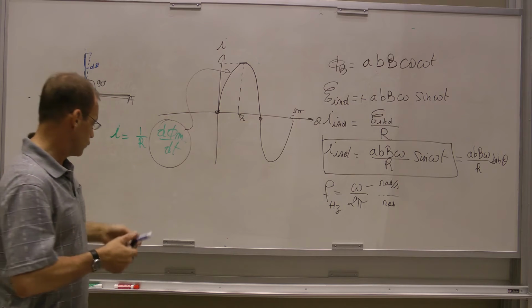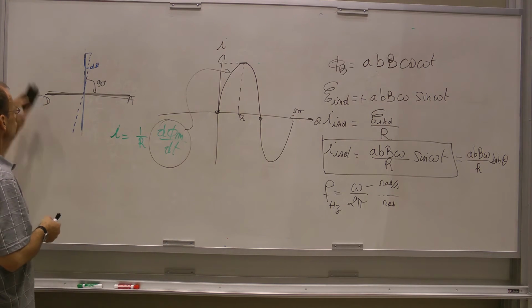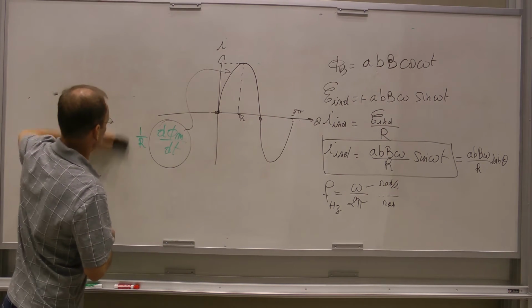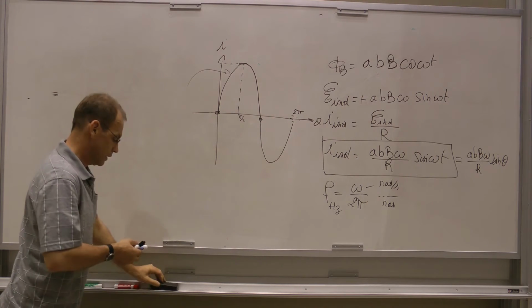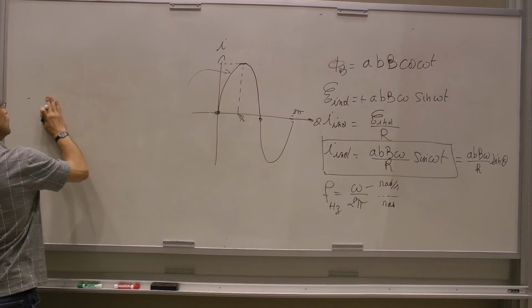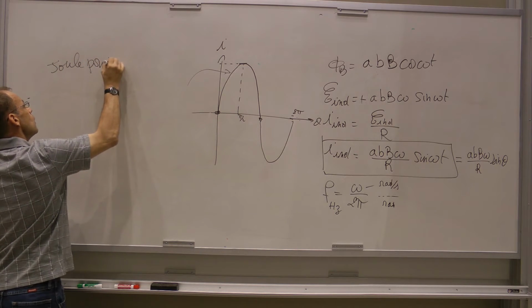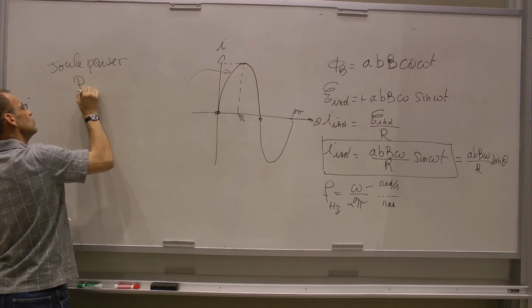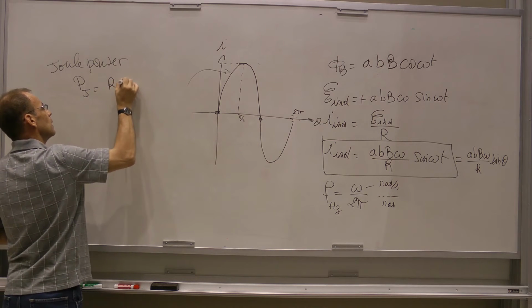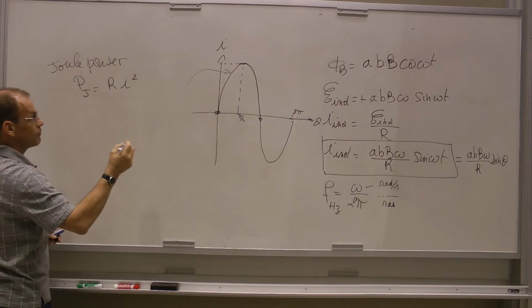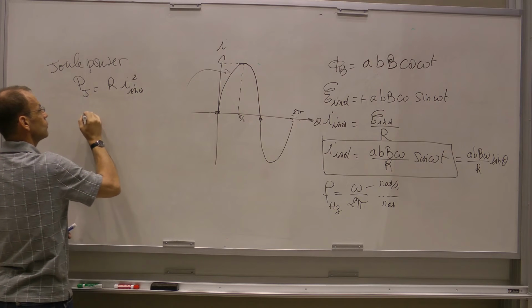So we can also calculate the power dissipated by Joule effect inside that loop as an additional little calculation. So the Joule power, we know that the Joule power P Joule is equal to R I squared, and this is of course going to be the induced current.